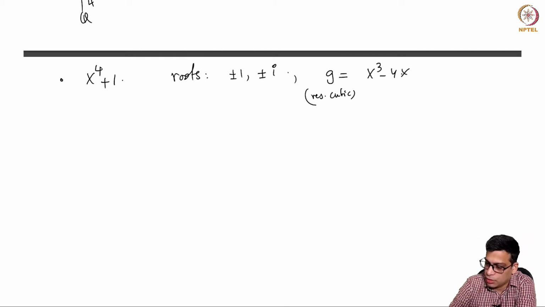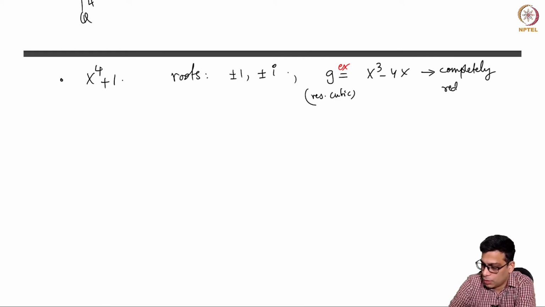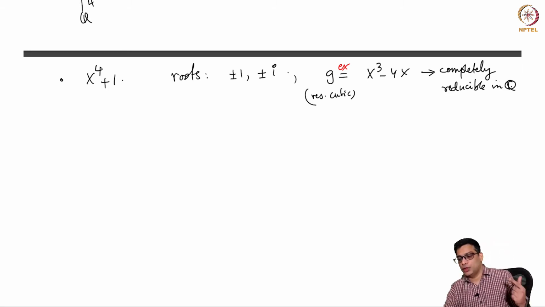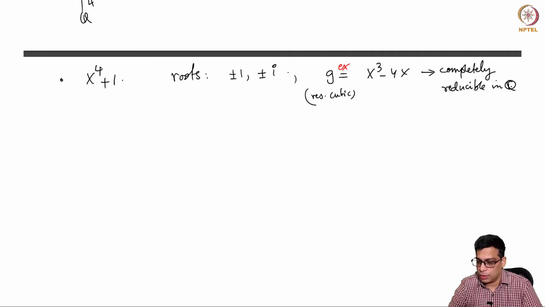Okay, so this is an exercise. So you take all the βi's and you compute this. So this completely splits in Q because its roots are 0 and 2 and minus 2. So it has 3 roots there.